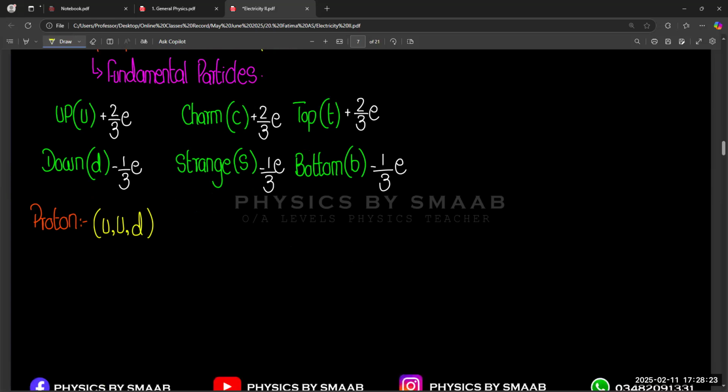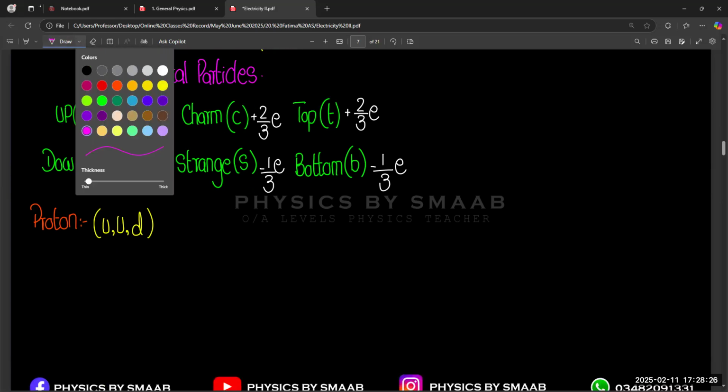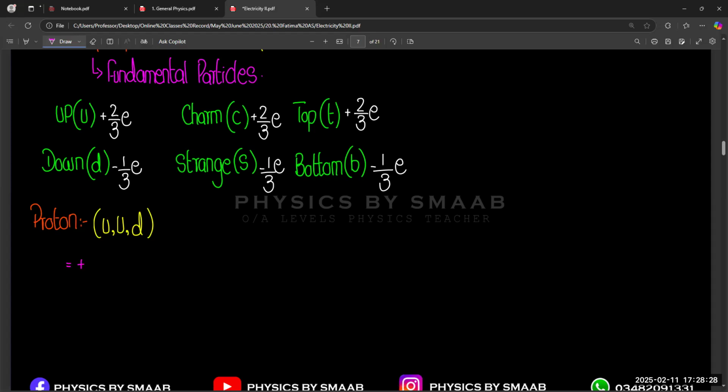The value of up is plus 2 over 3 e, plus another 2 over 3 e. And finally, because of down, it will be minus 1 over 3 e. So it will be equal to 2 plus 2, 4, 4 minus 1 equals 3. So finally, we got the result plus 3 over 3 e, which is actually equal to 1 e.